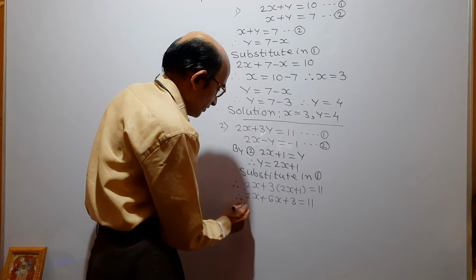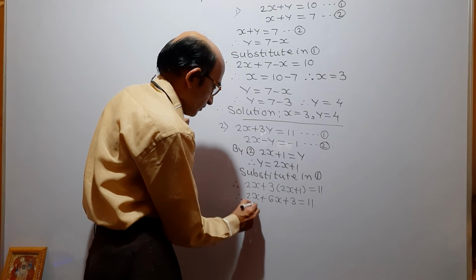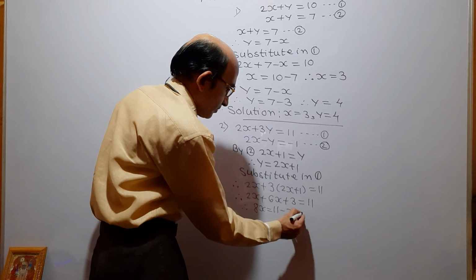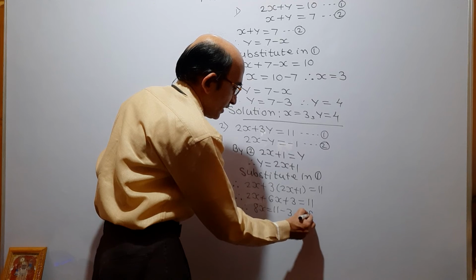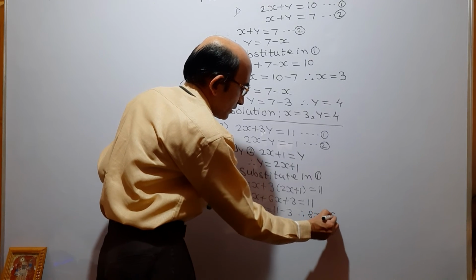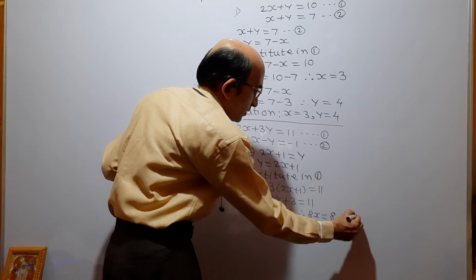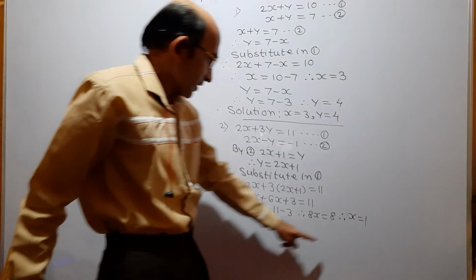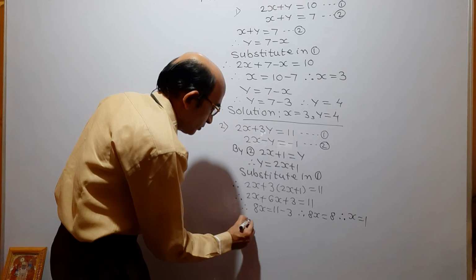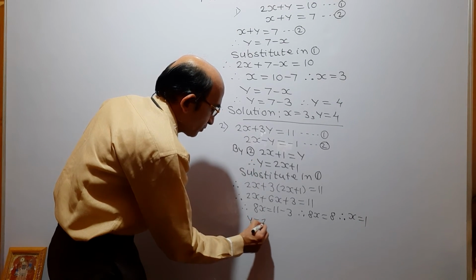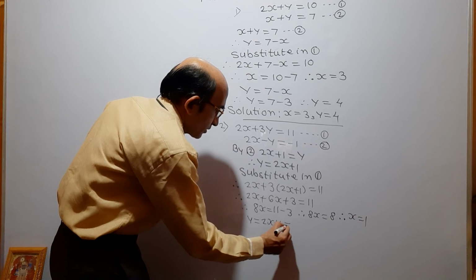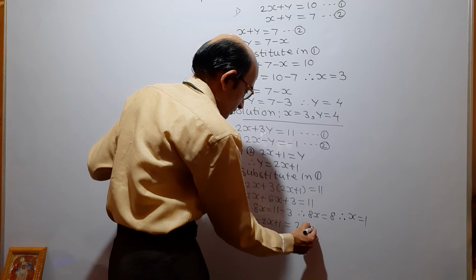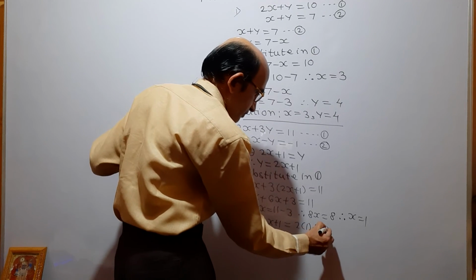2x plus 6x is 8x is equal to 11 minus 3. Therefore, 8x is equal to 8. Therefore, x is equal to 1. Now y is equal to 2x plus 1. Put this value of x, 2 into 1 plus 1.